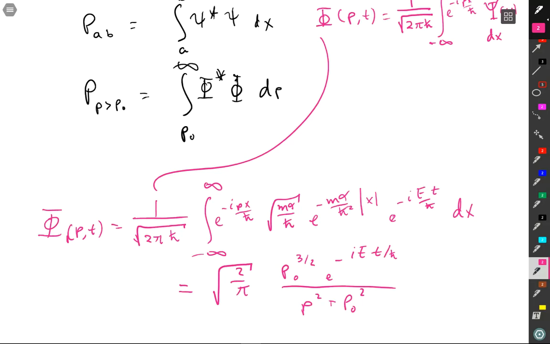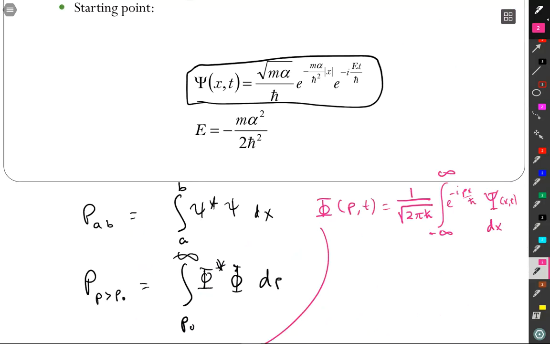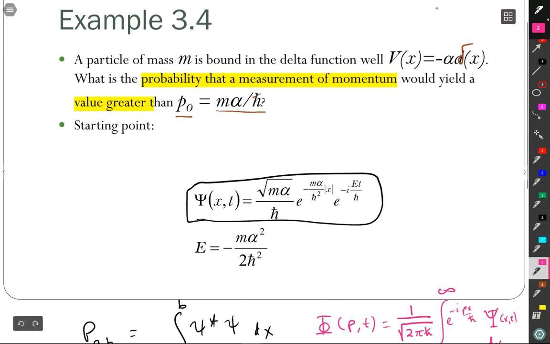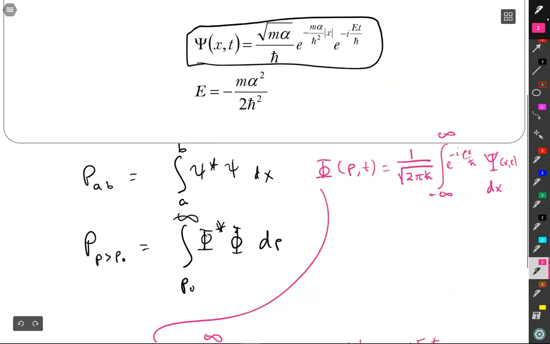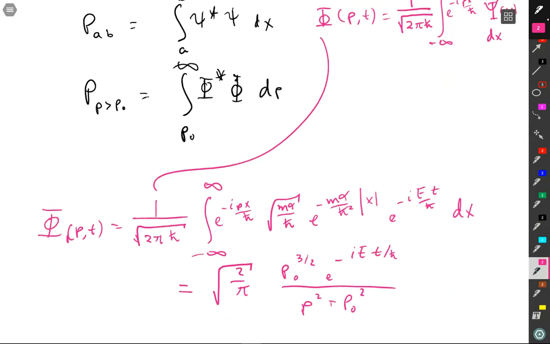Note that P0 just appears here. And you're like, but P0 was defined as this. So any place that m alpha over h bar occurred, he substituted P0.